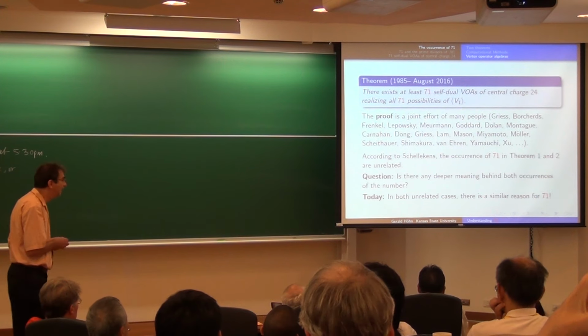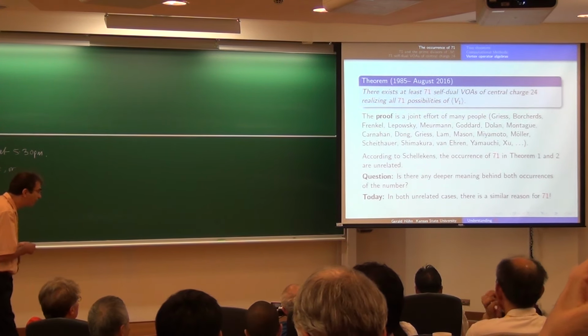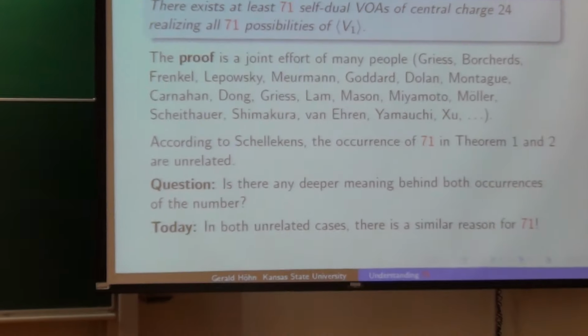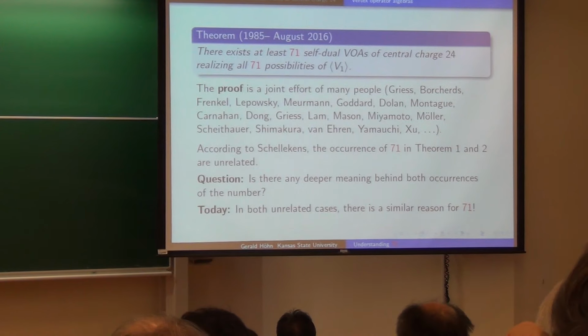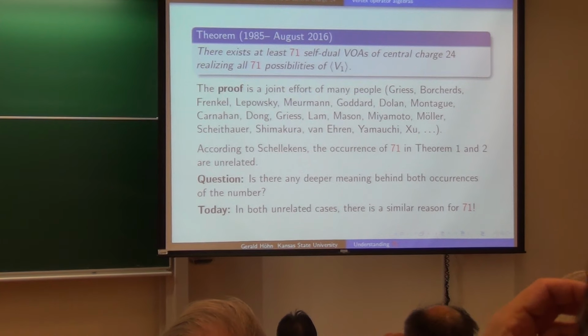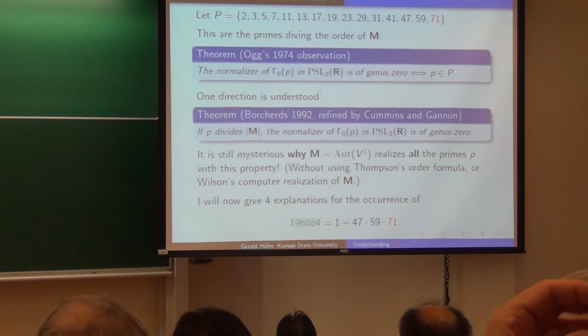What I try to tell you is that although the cases are both unrelated, there is a similar reason at the end why 71 occurs. So let me now first discuss the 71 and the prime divisors of the monster.